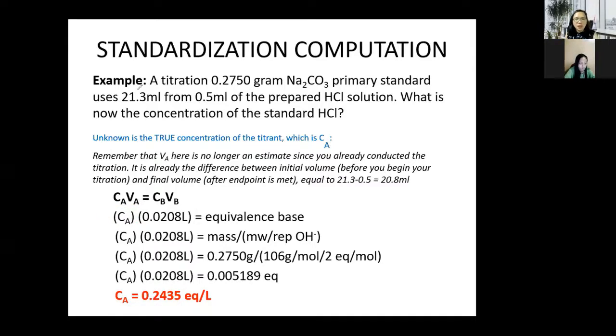Take note that we did the titration and we used 21.3 as the final volume and 0.5 as the initial volume. So you subtract: 21.3 minus 0.5, the volume of acid used is 20.8 ml. You need to convert that to liters.